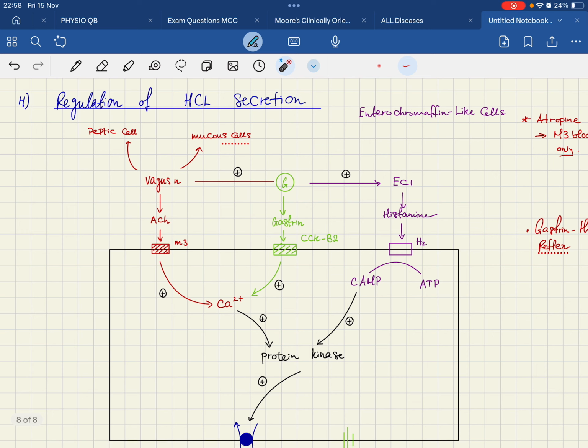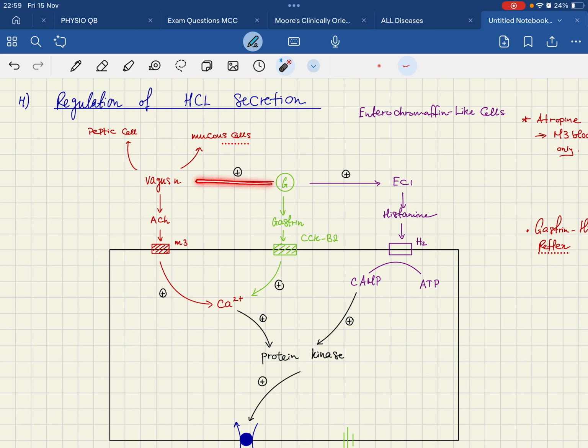So here we are talking about increasing the secretion of HCl. So let's get back to it. The vagus nerve will form acetylcholine, and then this acetylcholine will act on this receptor, which will form Ca2+. So let's keep this in mind.